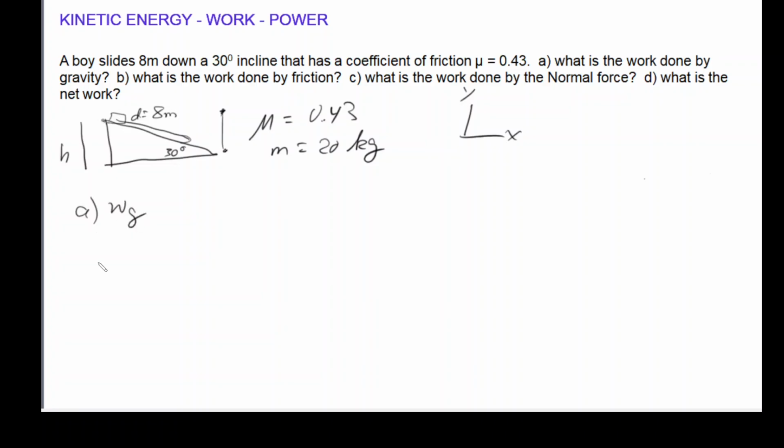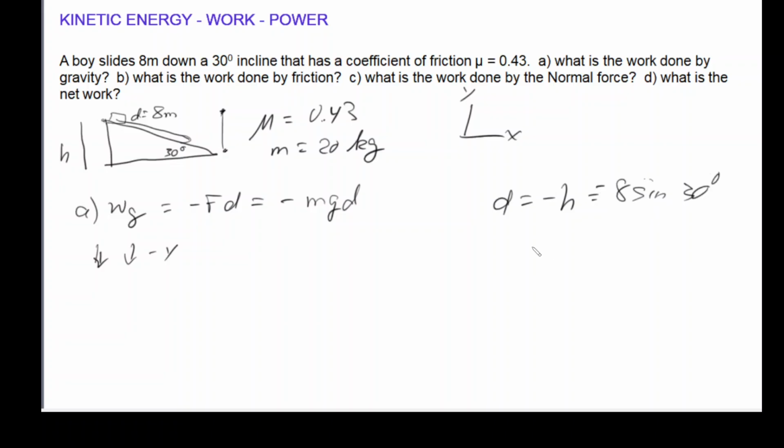Now, note that gravity is going in the negative direction, and the displacement is also going in the negative direction, minus y. So the work by gravity is minus Fd, which in this case is minus mg times d. But our displacement is equal to minus h, again going in the negative y direction, which is equal to minus 8 sine 30 degrees.